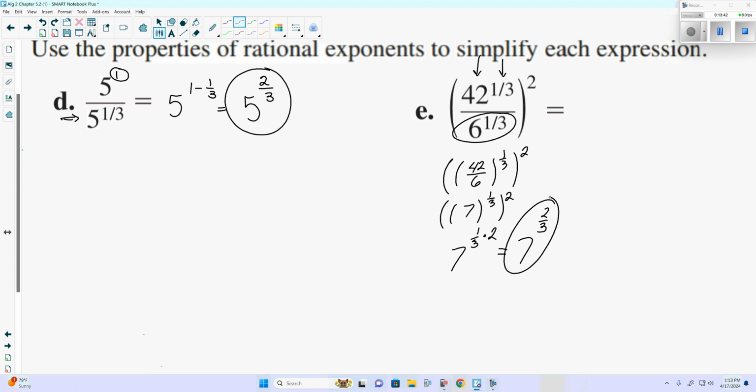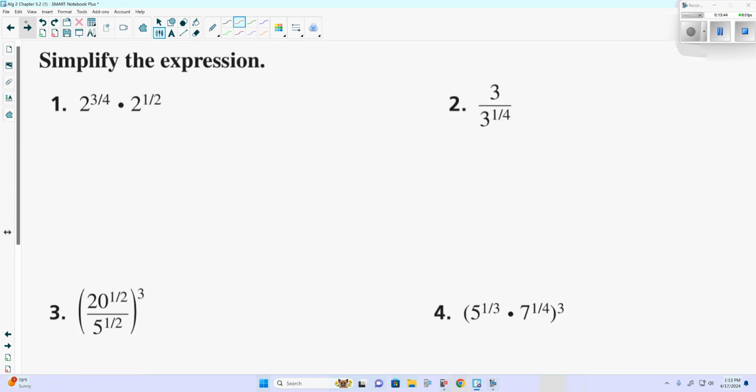But do we feel comfortable with these here? The rest of this note sheet is just doing more of them. So our next one, 2 to the 3/4 times 2 to the 1/2. Since the bases are the same, we can add the exponents. 2 to the 3/4 plus 1/2.